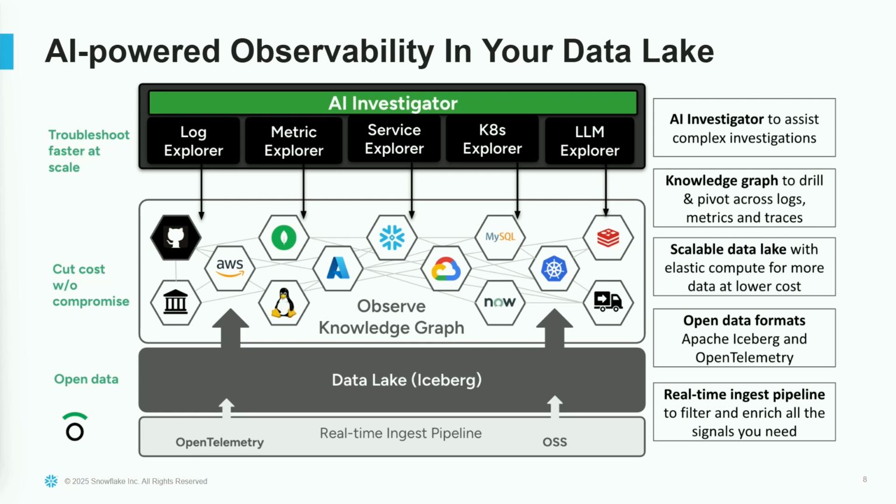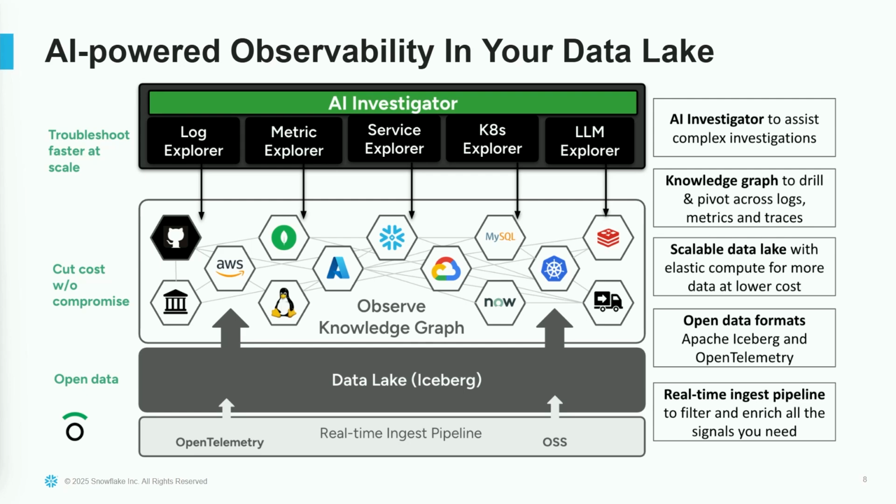And as well, we also have an observability AI investigator that allows engineers to troubleshoot known and unknown problems on top of your telemetry data using natural language, and to create worksheets, dashboards, or even incident reports.